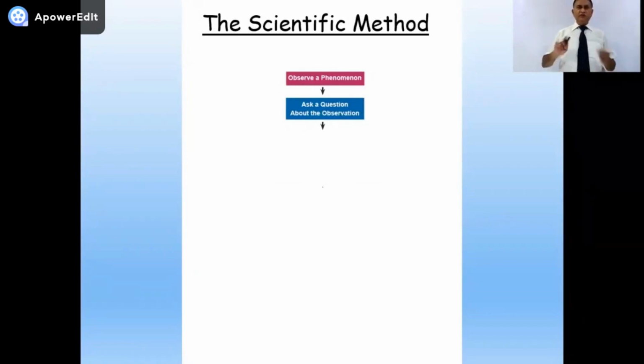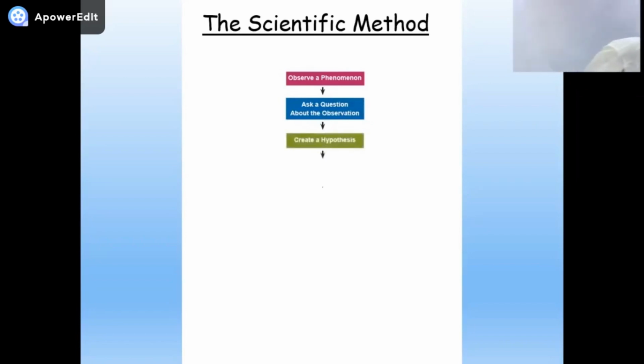Okay? So you observe something, then a question clicked over here, right? And what will you do now? It's not switching on. Your mind will try to answer the question. Why is the mobile not switching on?